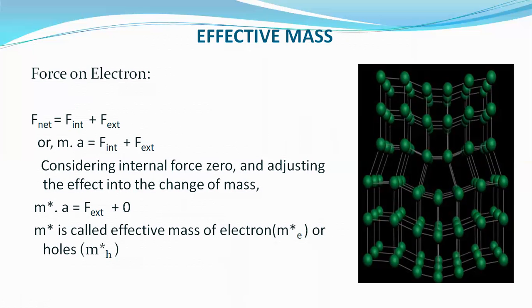That is adjusted because whenever you apply some force, the electron gets accelerated, and that velocity is comparable to light velocity. So the effective mass of the electron is never going to be fixed. The internal force which gets wasted in overcoming the internal binding energy of that electron is adjusted inside the change of mass. So now m star into a is equal to F external plus 0.